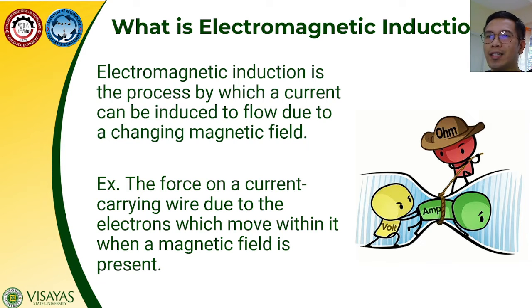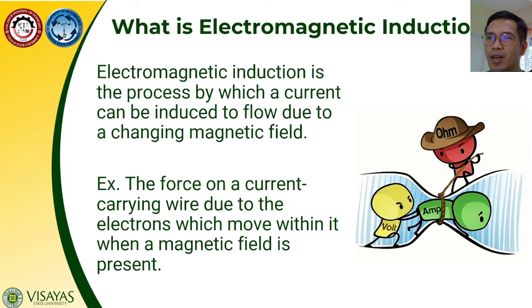So electromagnetic induction is the process by which a current can be induced or produced. The synonym for the word induced or induction is produced, or being forced. So again, electromagnetic induction is the process by which a current can be induced to flow due to a changing magnetic field.